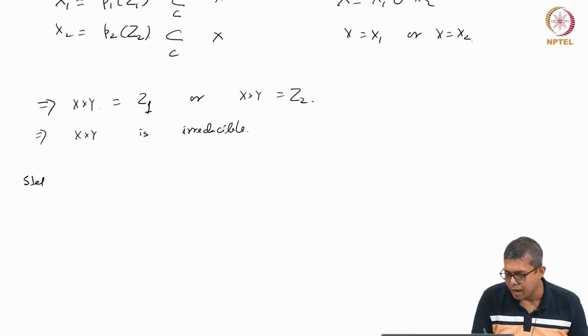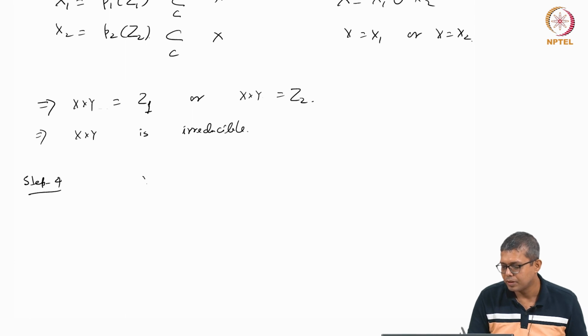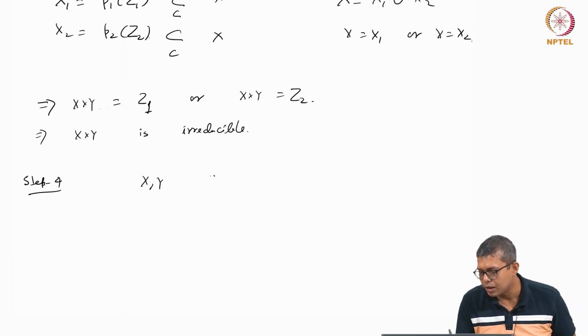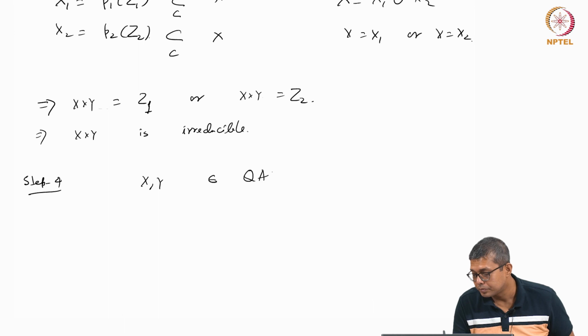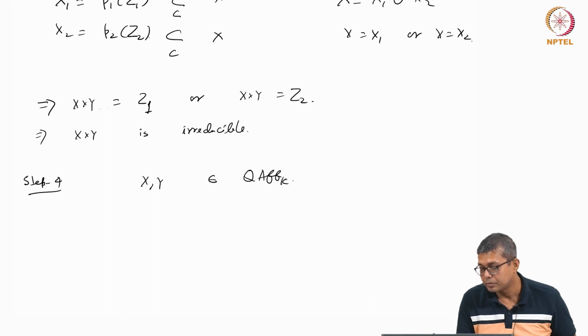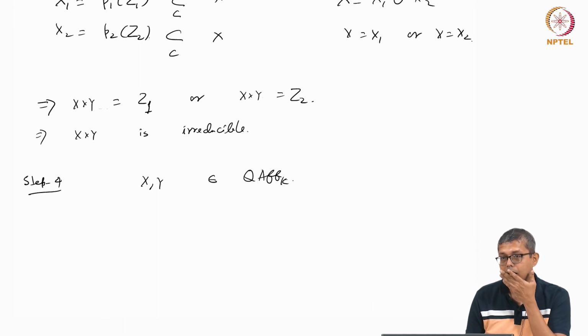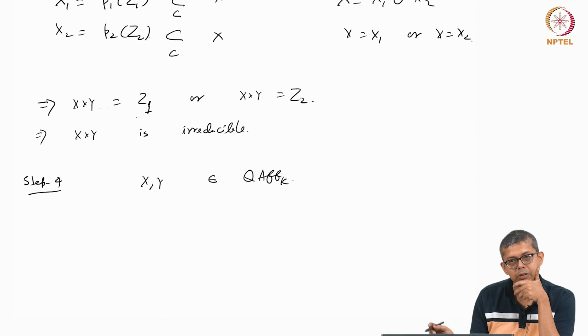Now when it is quasi-affine, so when X, Y are quasi-affine, already we proved that X cross Y is a closed subset, because as a product it is V of f1, f2, g1, g2. So it is an algebraic set. It is irreducible, so it is an affine variety.